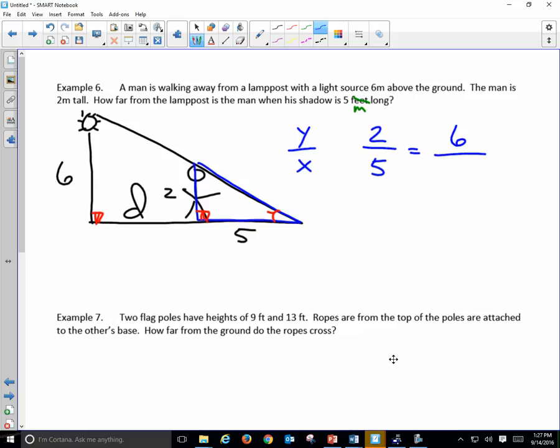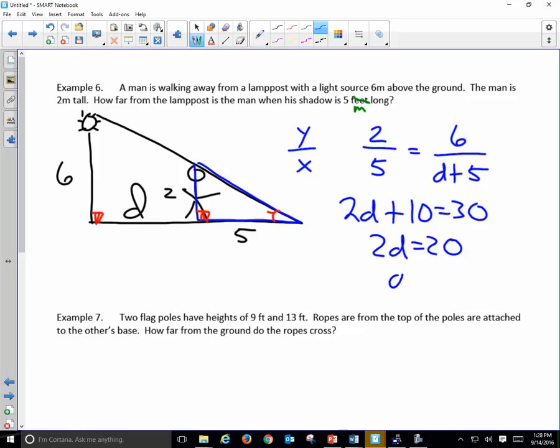And that'll be over D plus 5, that distance plus 5 as a whole. Now, if you call the entire distance D, then you would just subtract 5 at the end, right? So I will cross multiply. I get 2D plus 10 is equal to 30, or 2D is equal to 20, so D is equal to 10.